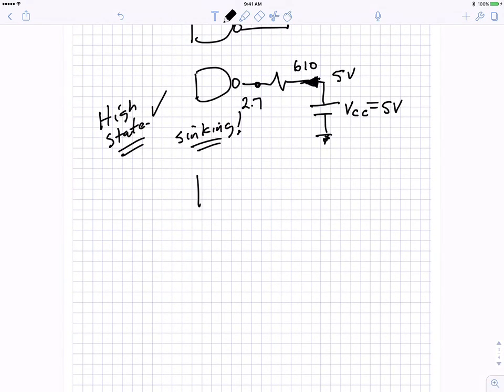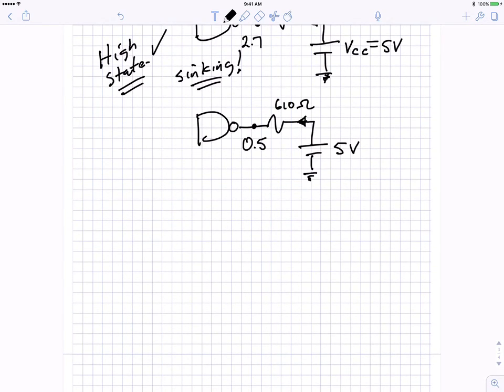Okay, now let's look at the low state. It's the same circuit, but this is 0.5 volts and this is 610 ohms. All right, so this is going to be sinking. Remember for low state we have a limit on how much you can sink. So I output low is going to be 5 minus 0.5 divided by 610.